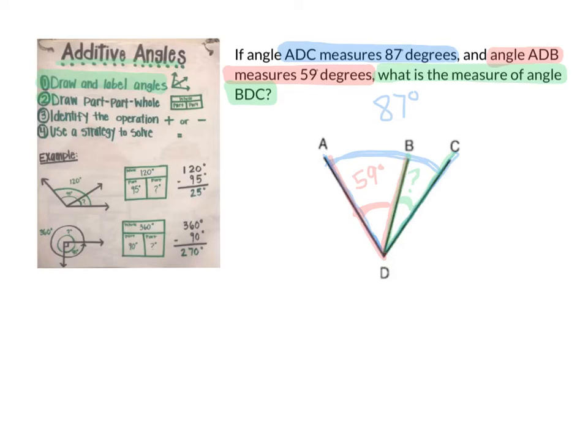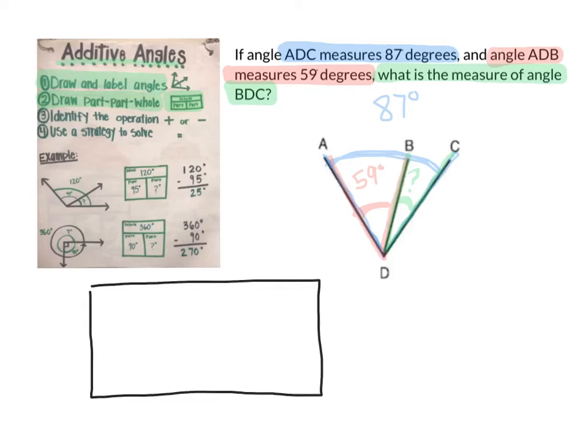Step 2 tells me to draw a part-part whole chart. And our part-part whole chart looks just like this. To draw a part-part whole chart, we need 2 important things. We need our whole, which we could also call the total.